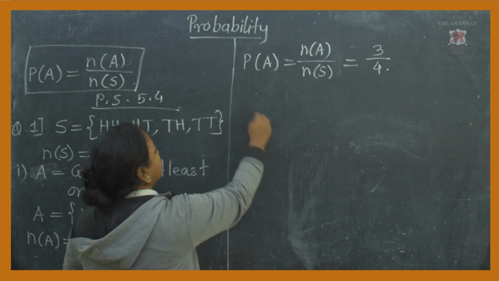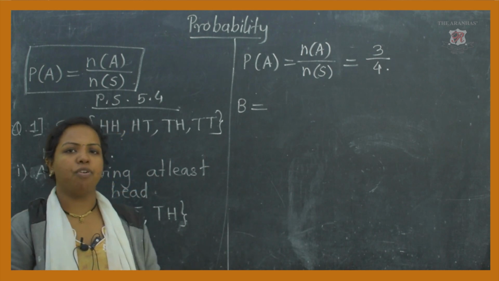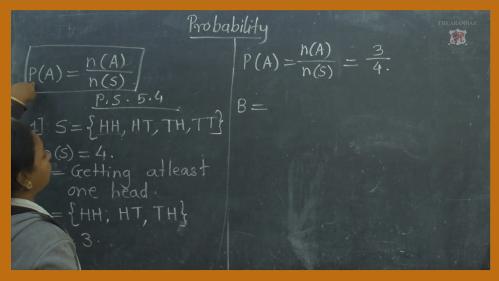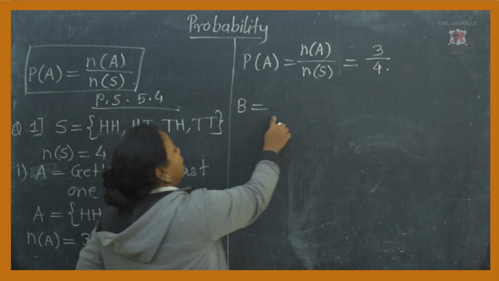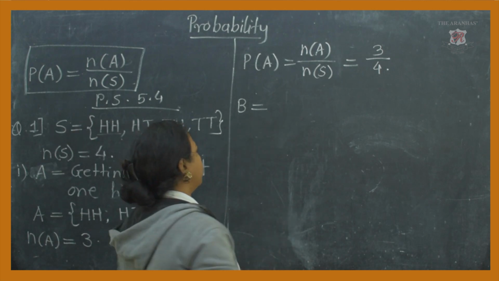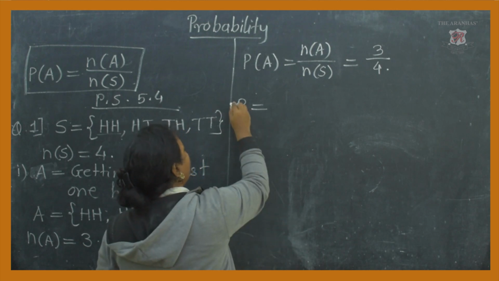Getting no head. For the second event, we can use B, C, D, any alphabet except capital P, because that denotes probability. That is just to avoid confusion. B, what is event B? The second part is given: getting no head.